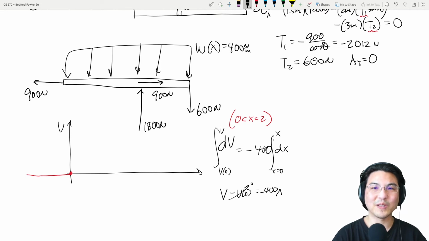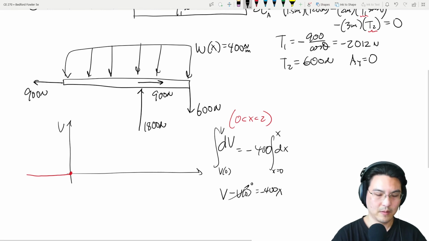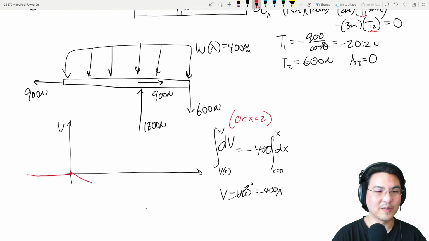Okay, so between 0 and 2, it looks like minus 400x. So the slope is minus 400, like this, which means at x equal to 2, this has got to reach minus 800 down over here. Minus 800 right here.